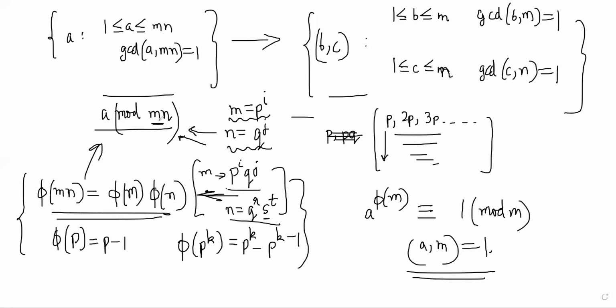Right now we don't know whether m has one prime or multiple primes, or n has one prime or multiple primes. So that is why I am not trying to do the direct count, because it will be annoying.